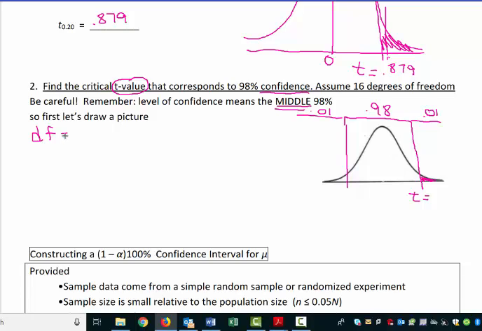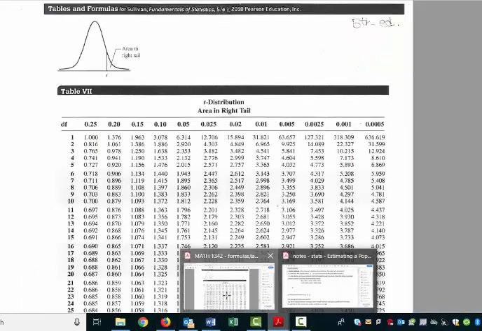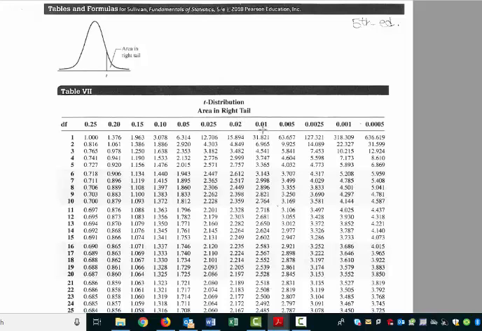Degrees of freedom is 16, and it's cutting off 0.01 to the right. So I'm going to go over here. Here is my 0.01. Go down to 16. Where is it? There it is. 2.583. Okay.